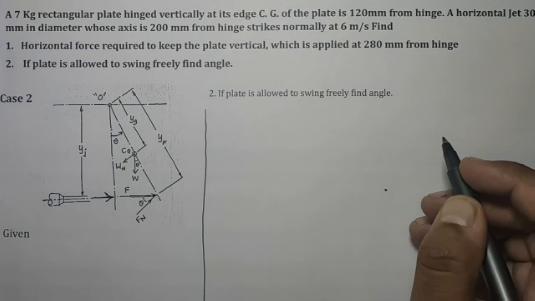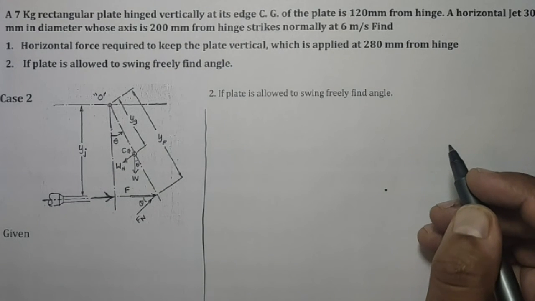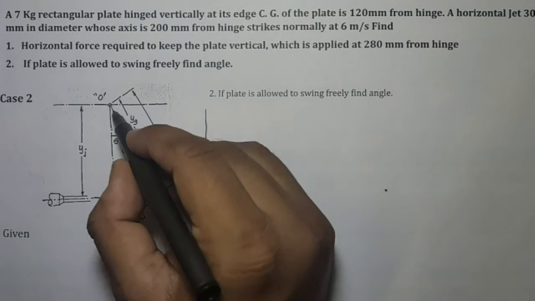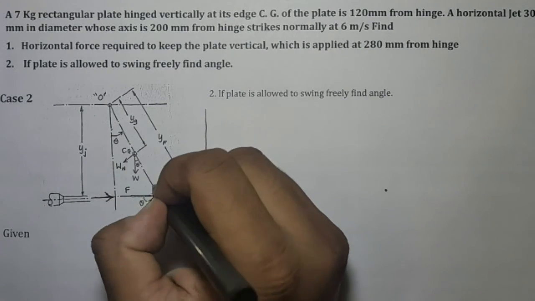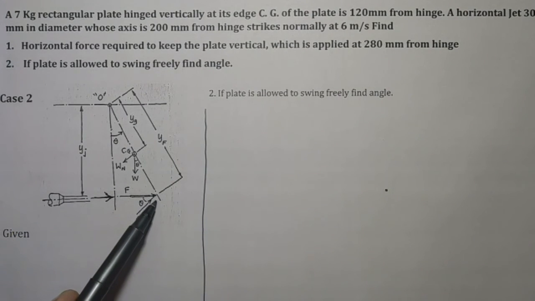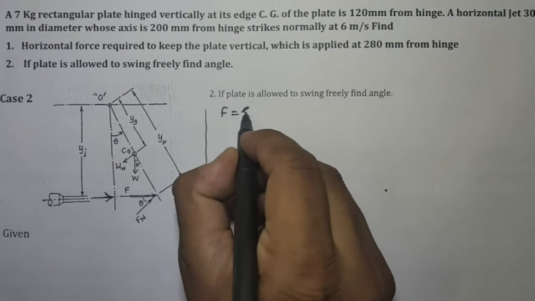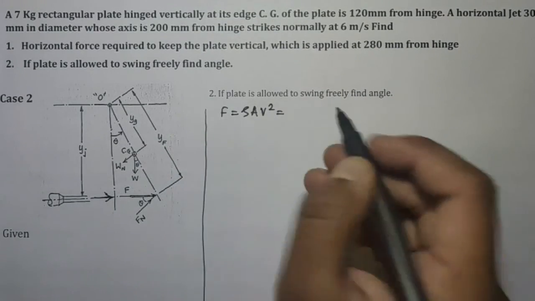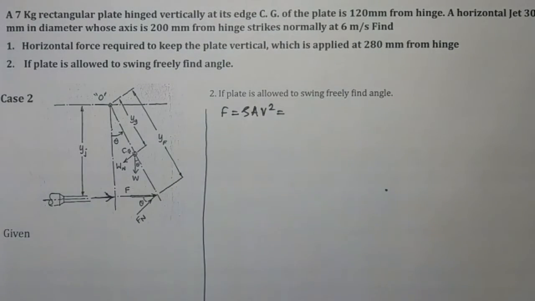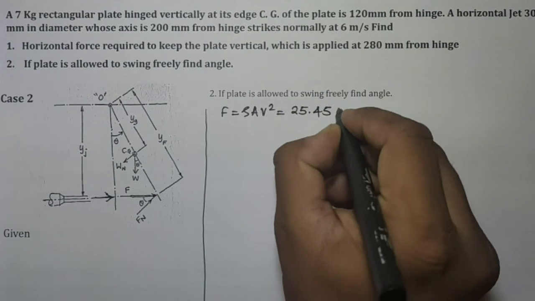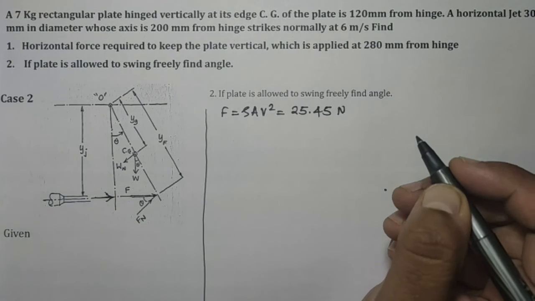So now see, we will consider this case in such a way that here is the new position of the plate. Here we have the actual force, rho a v square, which we have already found from the previous case: 25.45 Newton.